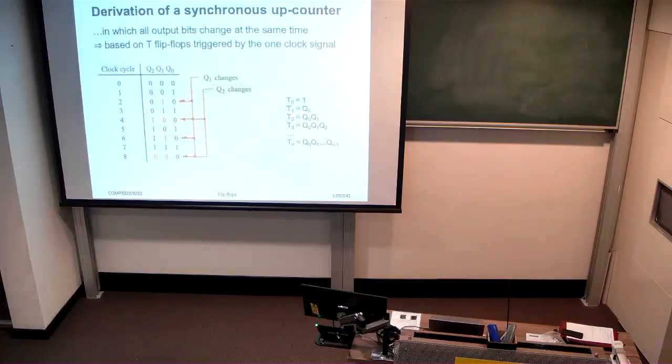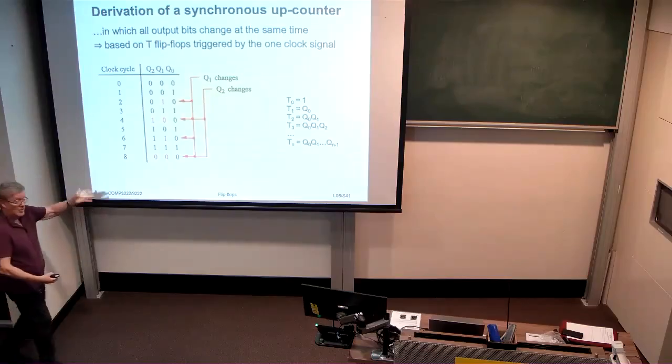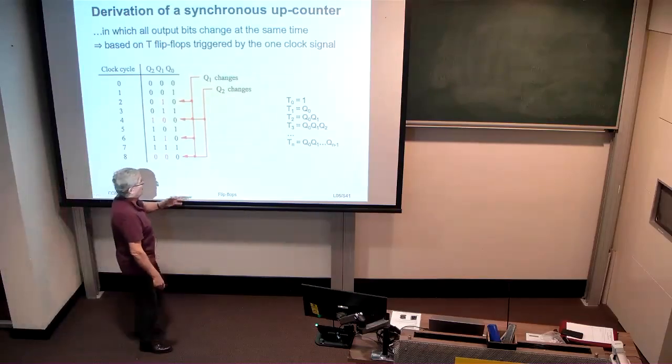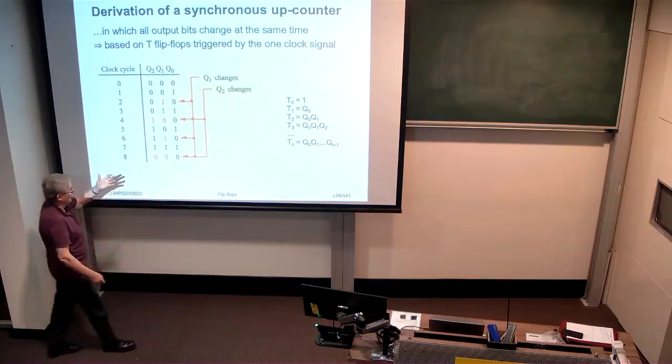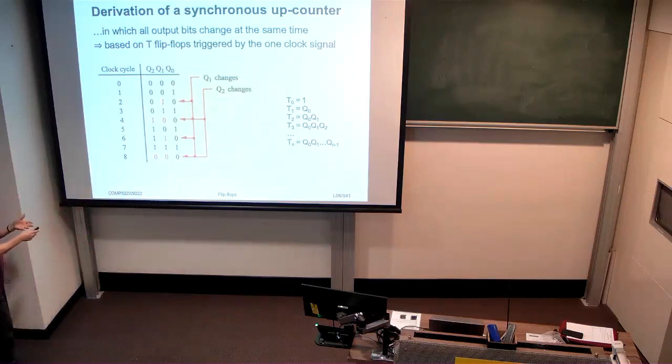Okay? So in order to build a synchronous design, one in which the output of the counter is synchronized on the clock edge rather than on prior, less significant stages, we have to look at when these stages of flip-flops change.